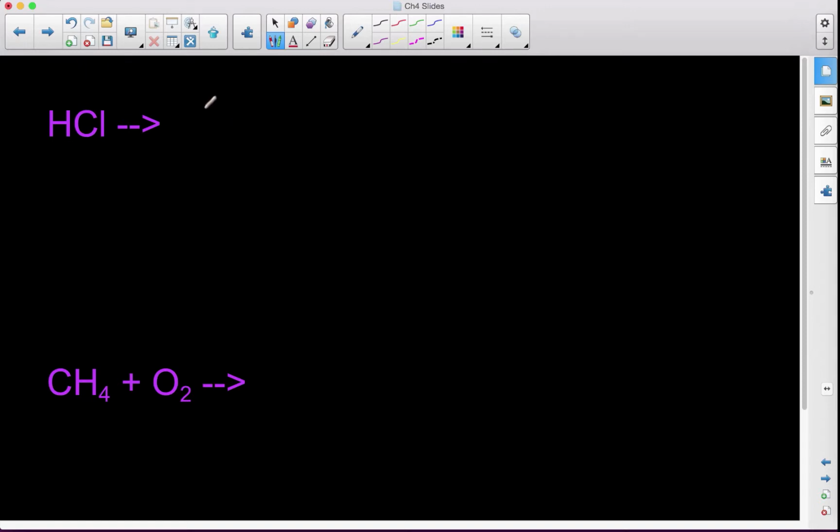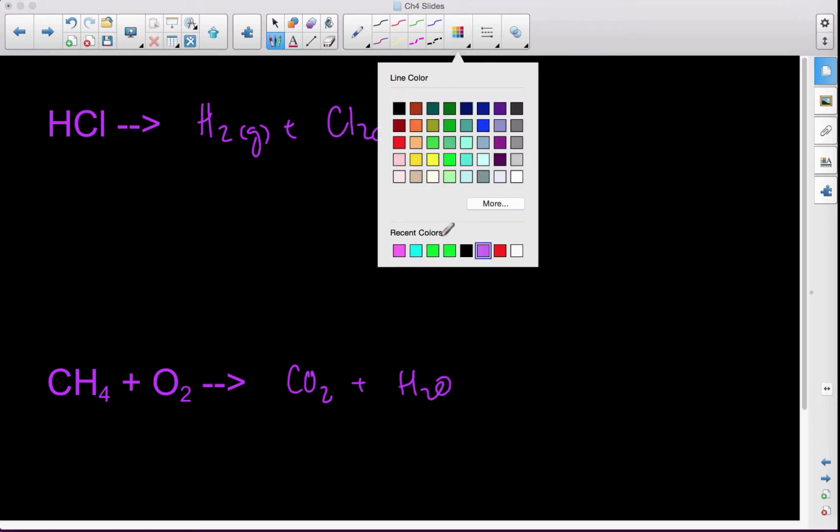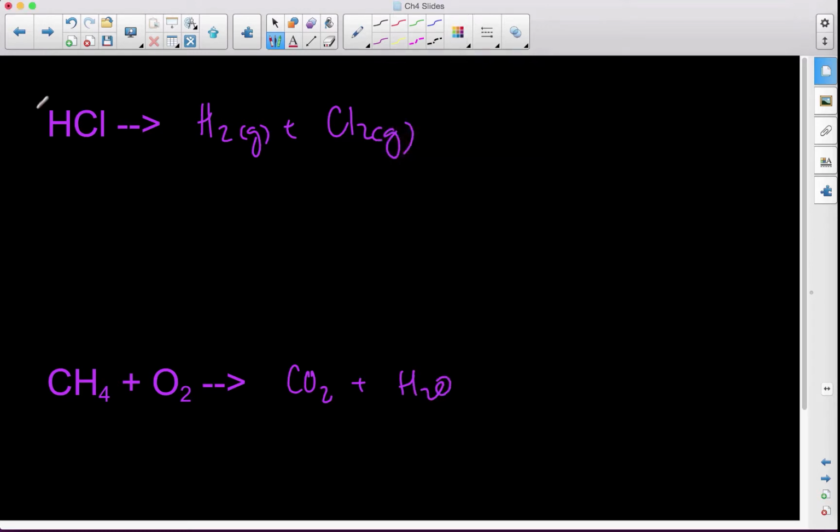Hydrochloric acid decomposes to form this. Let's do this one, CO, this is obviously this. Okay. Now let's go ahead and assign some oxidation states. So in HCl, this is -1, this is +1, therefore we could say that hydrogen is reduced because it became more negative.